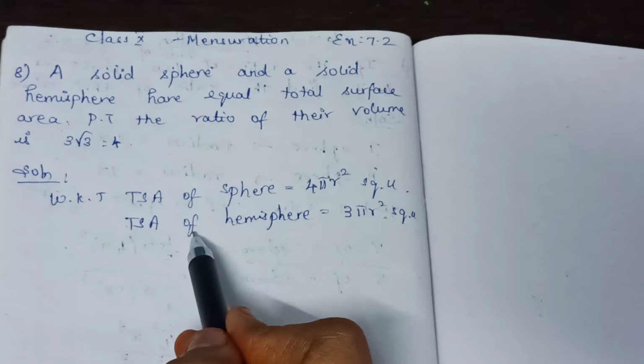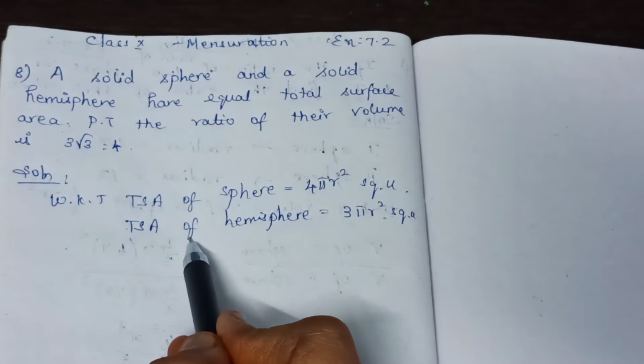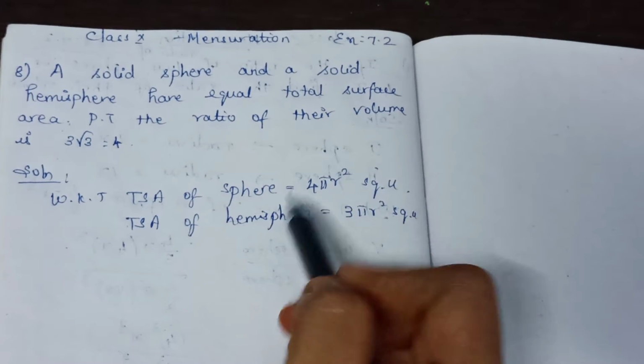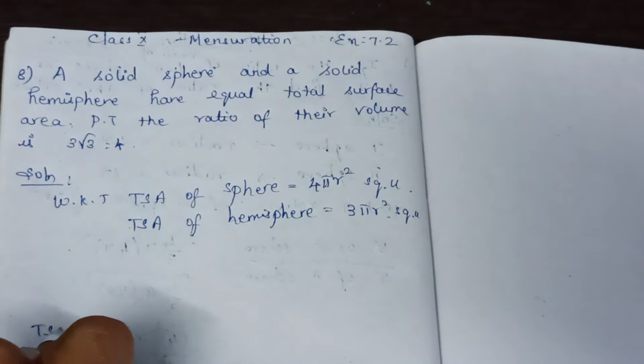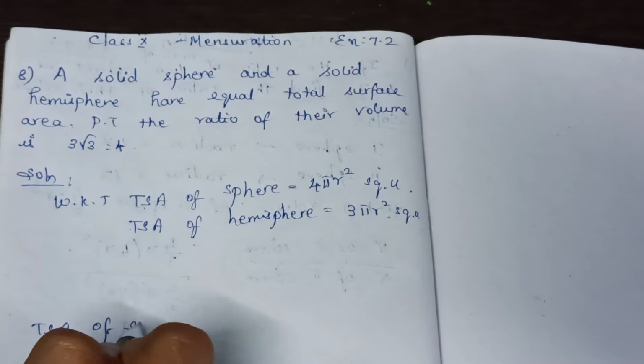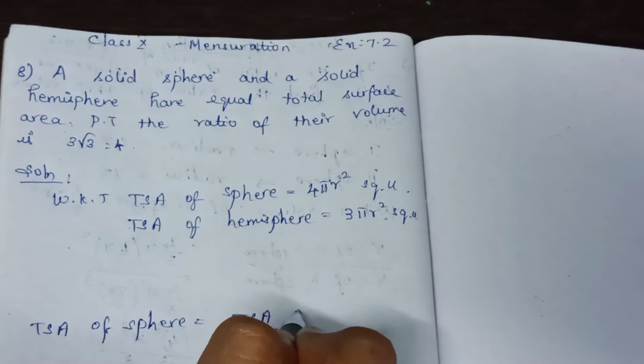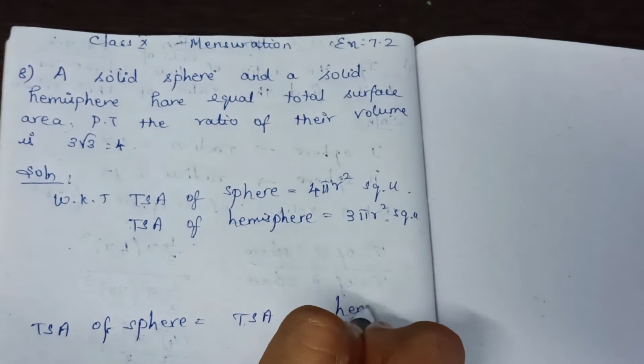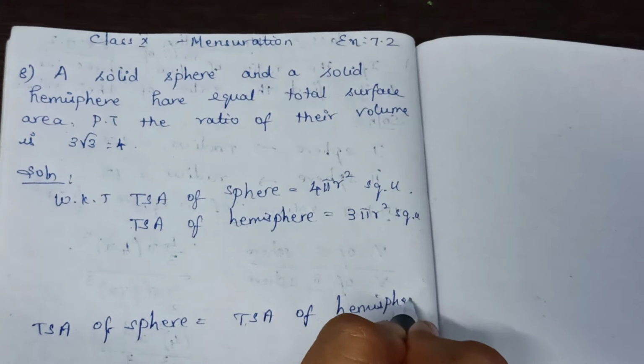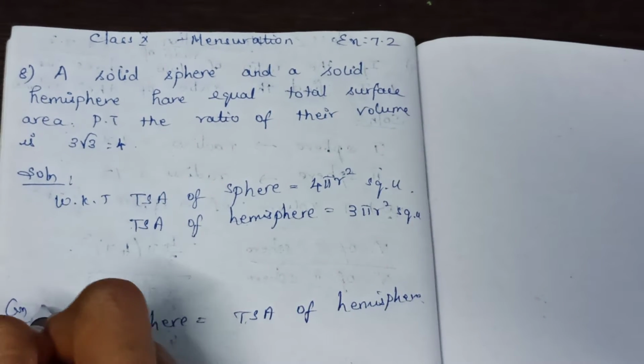So this formula we know and it is given, but both TSA are same. That means TSA of sphere equal to TSA of hemisphere. So this is what given in the problem.